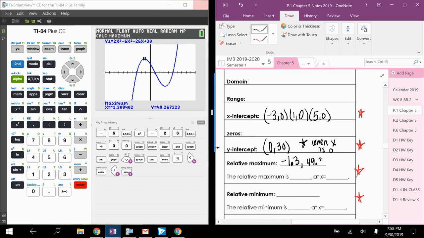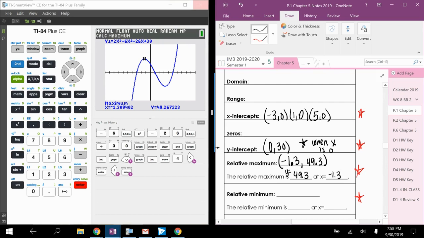I'll round it just to be safe. You could have just kept it 49.2, as long as you're really, really close. Remember, what we're asking for is the closest high value for that relative max, and that value is 49.3, at the x value of negative 1.3.